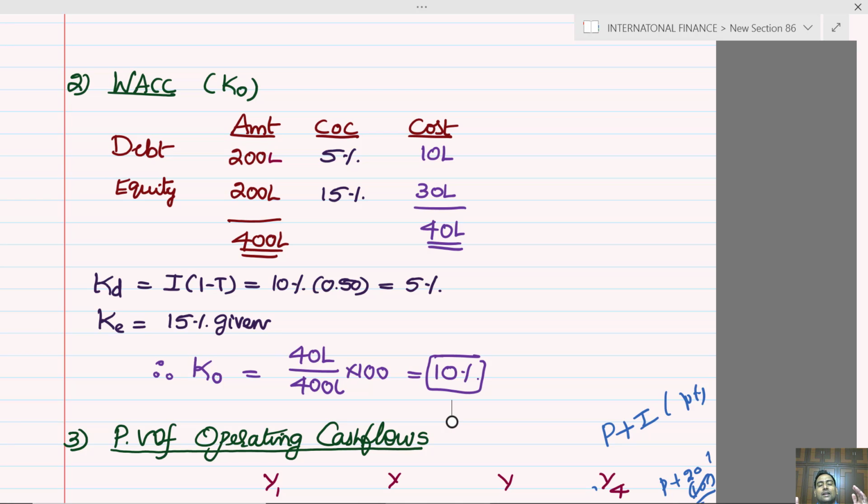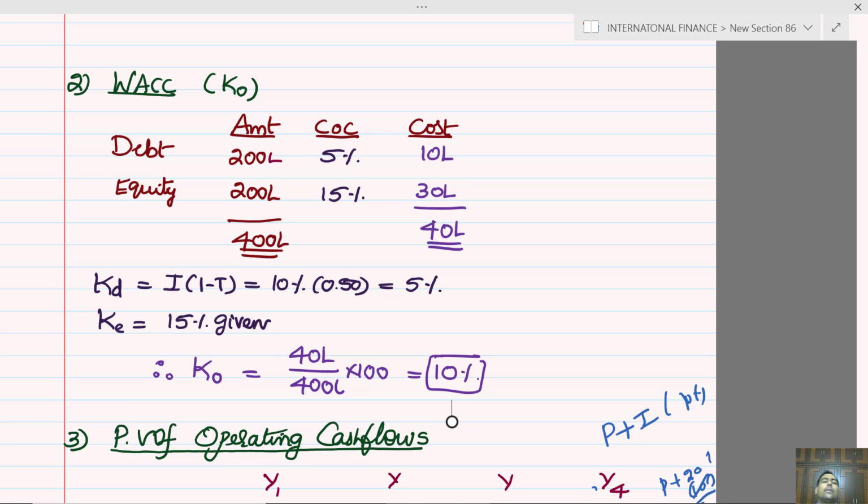That financing risk aspect was not covered in the WCC evaluation. You should not use 10% as a discounting rate. You must use more than 10% as a discounting rate because of the inherent financial risk attached to this project. That is point number one. This is not taken care of by WCC.